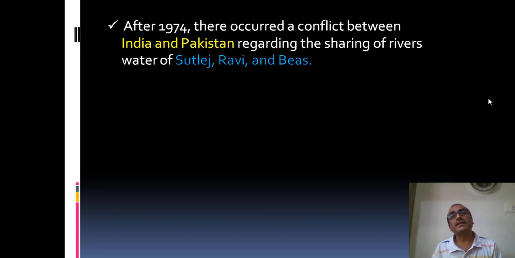After 1974 there was a conflict between India and Pakistan because rivers like the Satluj and Beas are common rivers for these two countries, and India had to share the water of these rivers with the neighboring country.